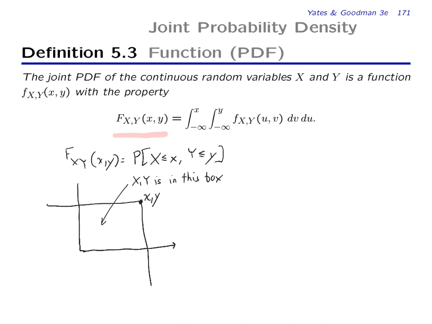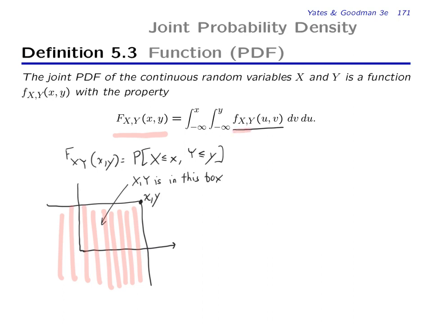And the way we define the density function is we define the density function of x and y to be a function that if we integrate it over this box, then we recover the probability that the xy pair is in the box.